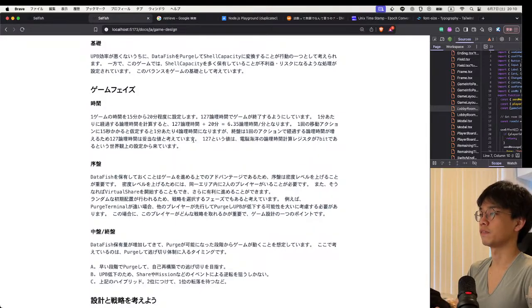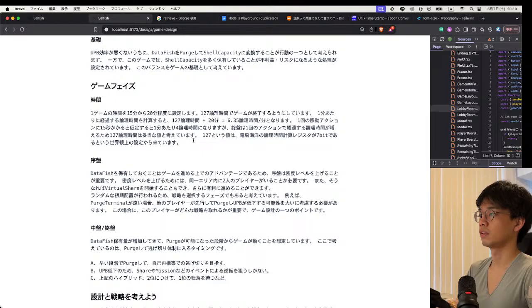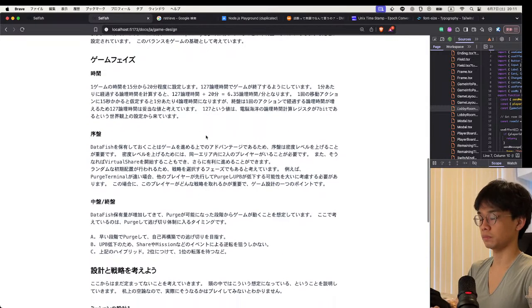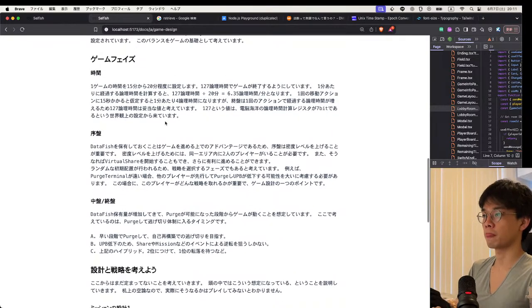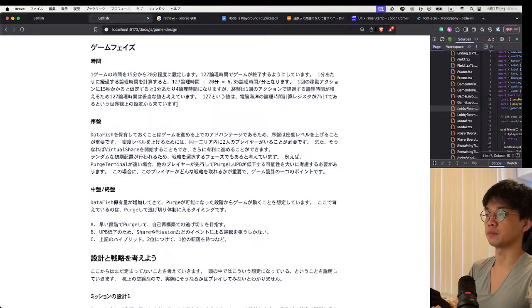I mean, the register has 7 bits, so 2 to the power of 7 is 128, but we can include 0, so 0 to 127. This is a background setting. It's not important, but I want to explain it.